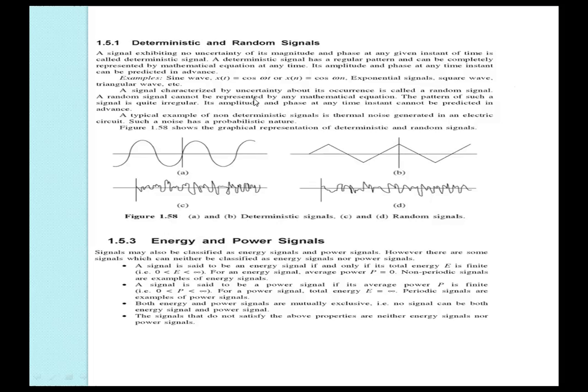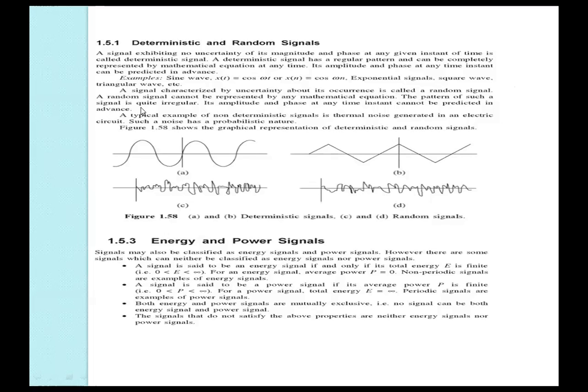The random signal cannot be represented by any mathematical equation. The deterministic signal is represented by a mathematical equation, since it has cosine and sine functions and a regular shape. The random signal has an irregular shape, so it is not represented by any mathematical equation.